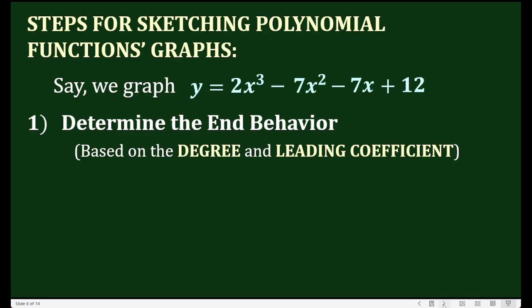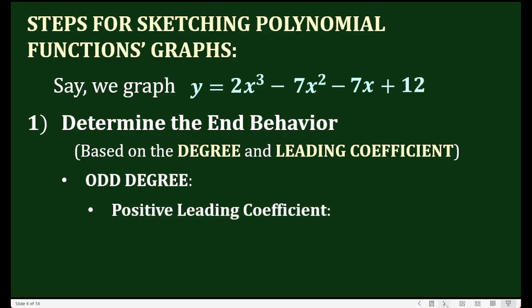So that is based on the degree and the leading coefficient. Basically, the leading term. So you will notice that the degree is 3, so we know that 3 is an odd number. So we have an odd degree. And at the same time, the leading coefficient, which is positive 2, is obviously positive.